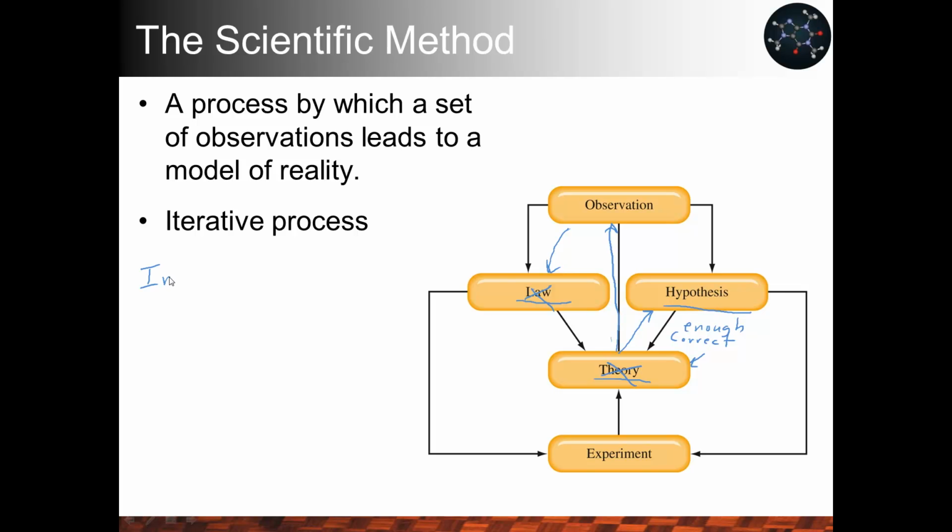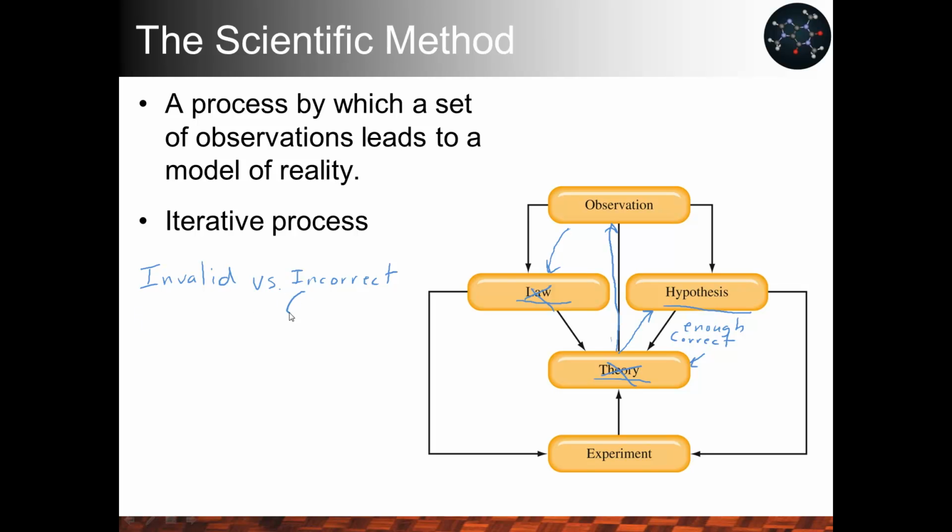Now, there's some terminology here that we have to be sure about. And that's when we talk about a hypothesis, we can be talking about an invalid hypothesis and an incorrect hypothesis. And those do not mean the same thing.